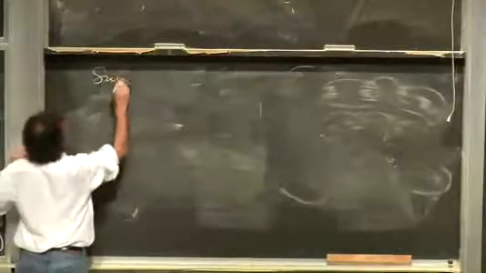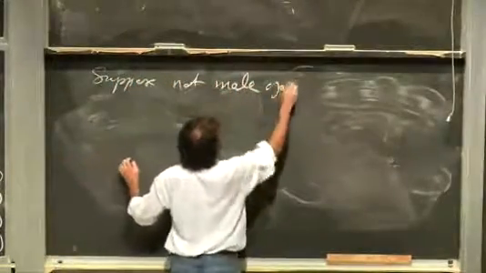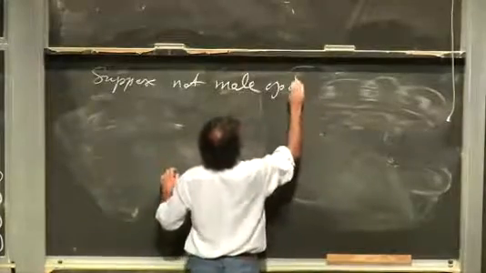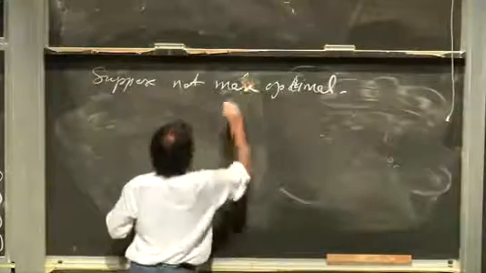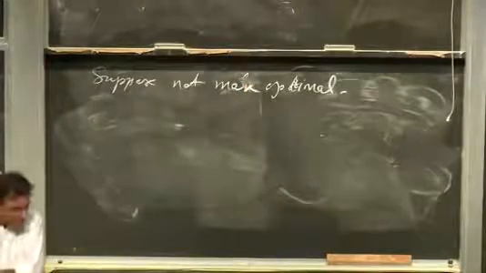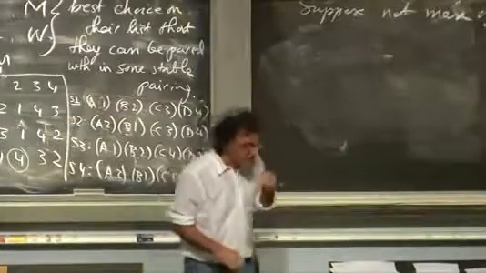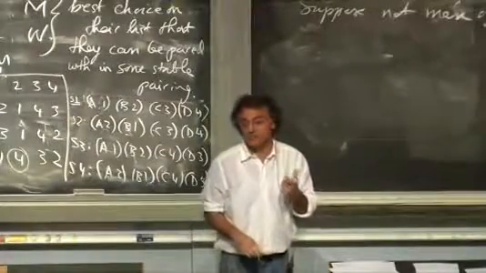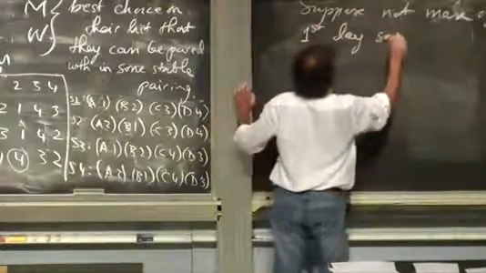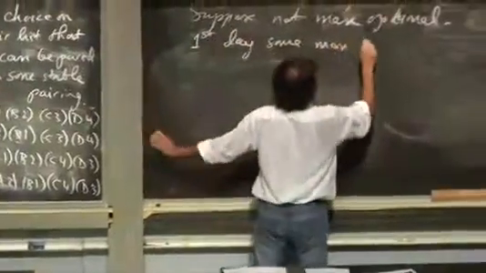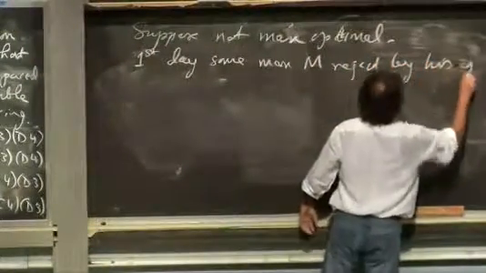Suppose it's not male optimal. Then there must be some first day that some man got rejected by his optimal woman. So there's a first day some man M is rejected by his optimal woman.